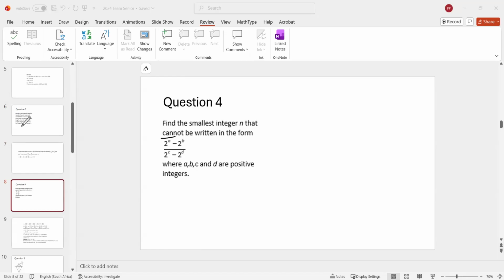Okay, so let's try to solve this. We start with all the integers starting from 1 until we cannot do it anymore. And then we will say that that will be the smallest integer. Okay, so let's start with 1.